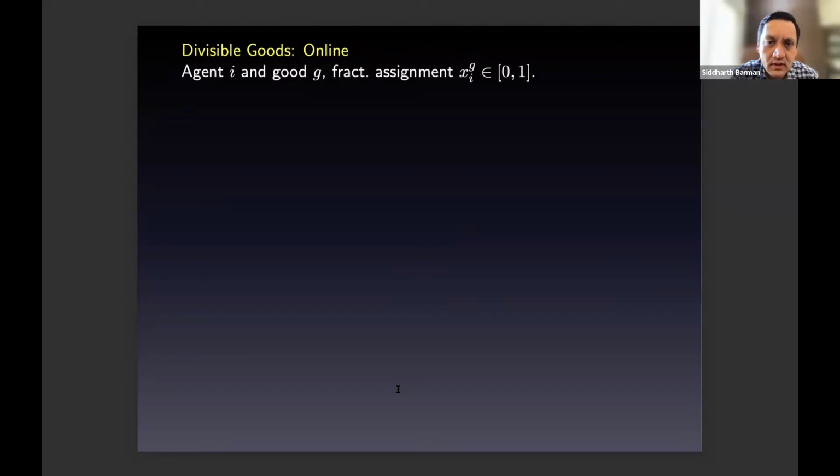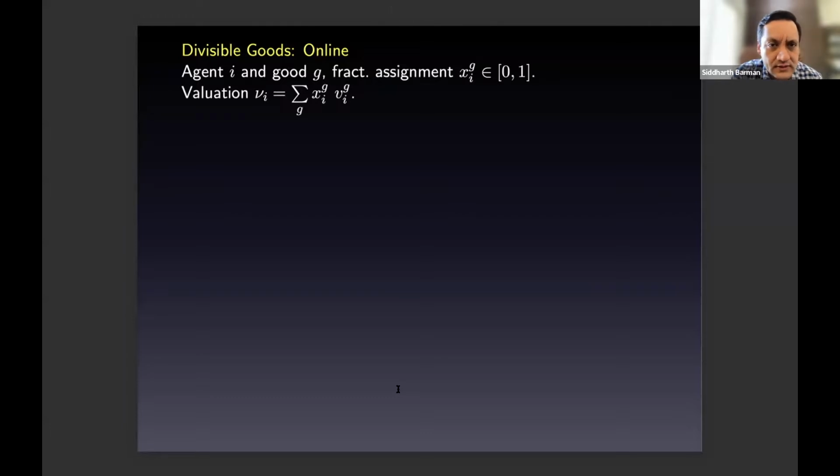This is the decision variable x_gi. It's a number between 0 and 1, the fraction of the good g that goes to agent i. When summed across all the agents, so fix a good g and sum x_gi across i, that should be 1. So you have to take the good and divide it fractionally among the agents.